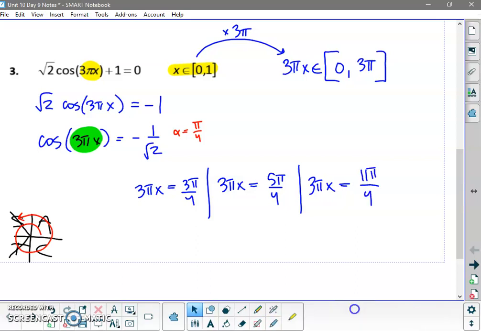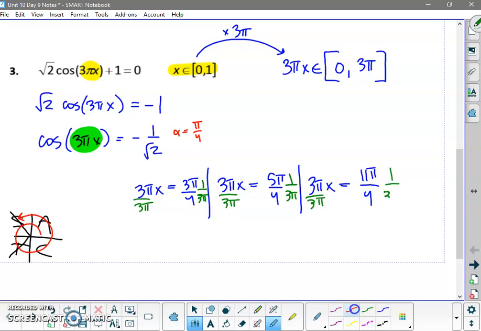Now, to solve each one of these, what we're going to do is basically divide by 3 pi or multiply by 1 over 3 pi. So what does that give me? Right here the 3 pi's cancel, so that gives me 1/4.